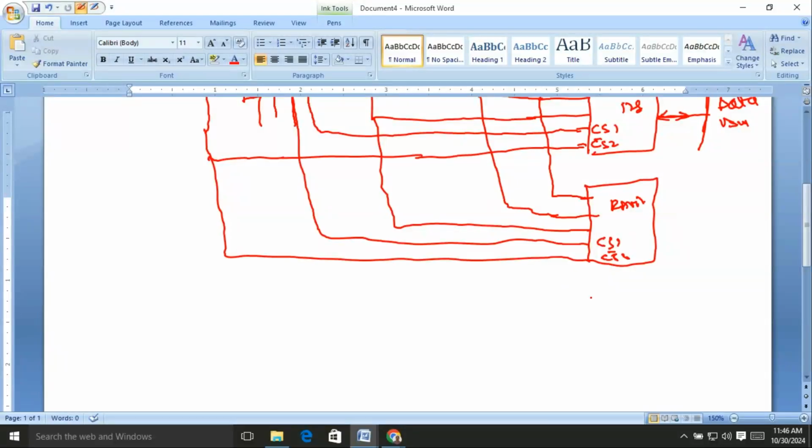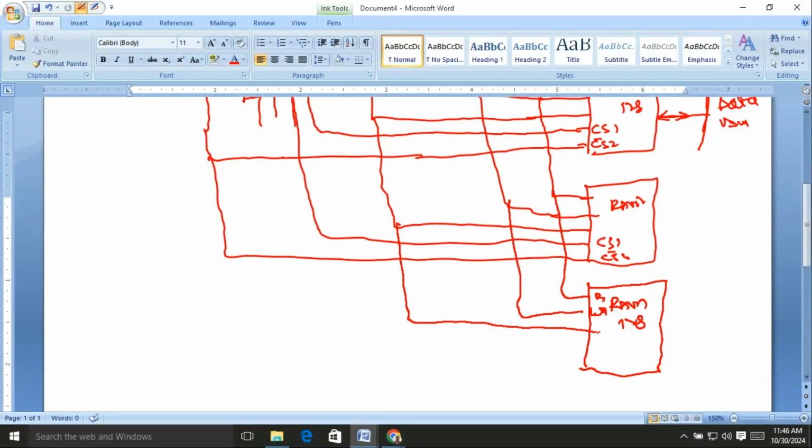Again, I am going to connect the third RAM chip. So this is RAM 3, also 128 bytes. Again, this is the read signal RD, this is the write signal WR, and this is the 1 to 7-bit address.